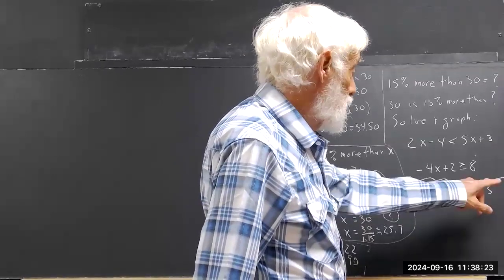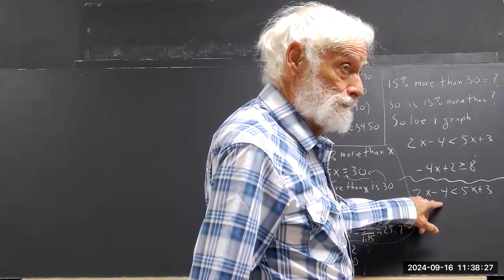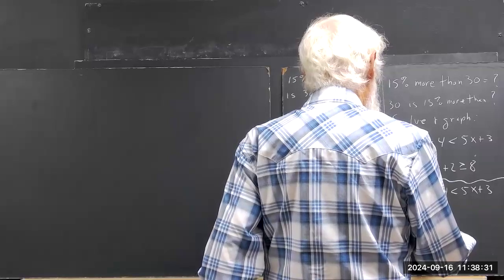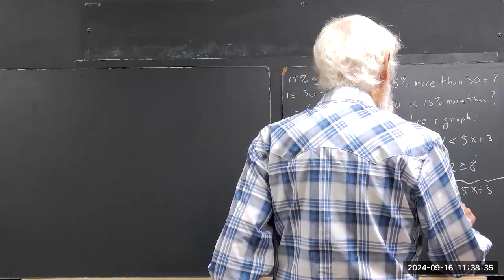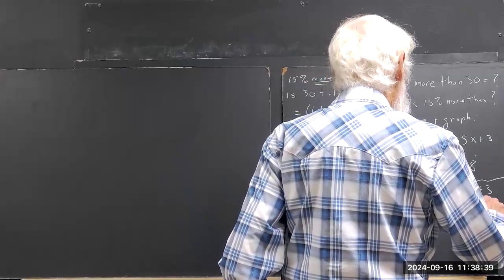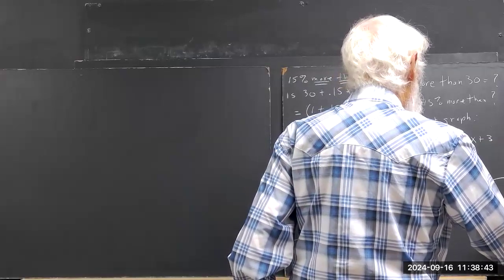And then we've got to add 4 to both sides, right? So I'm going to do that all in one: 2x minus 4 plus 4 minus 5x is less than 5x plus 3 plus 4 minus 5x.